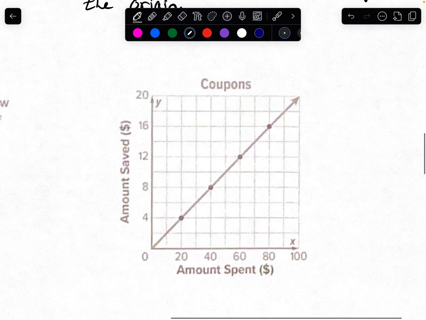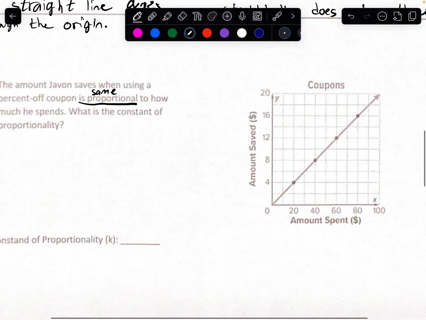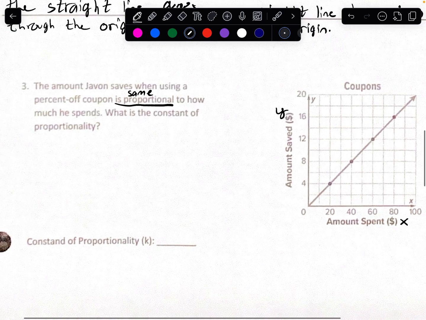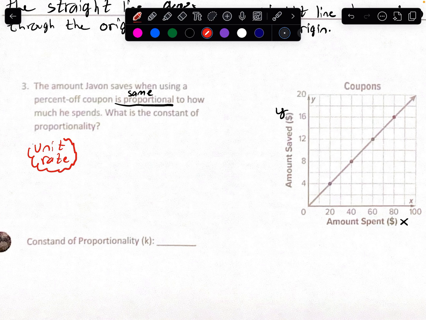This is our X, this is our Y. So our unit rate is Y over X, and that's going to be money on top. So we always want money on top.